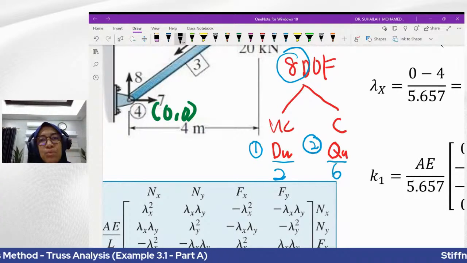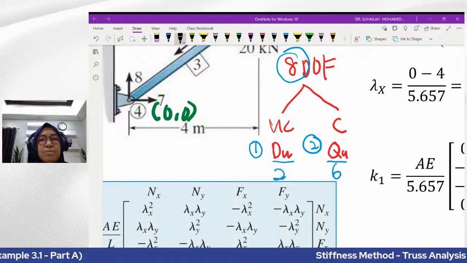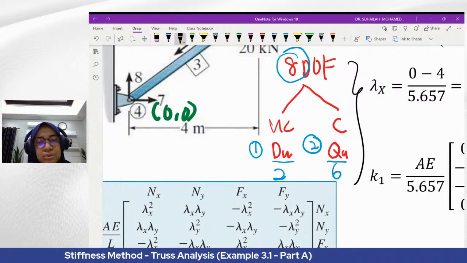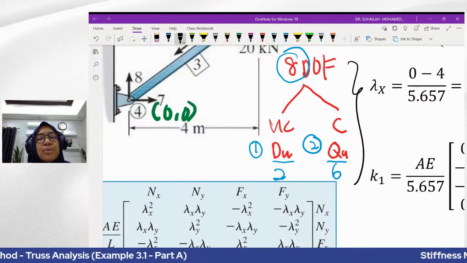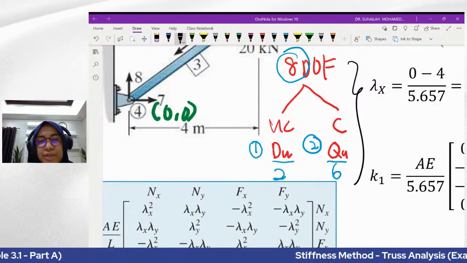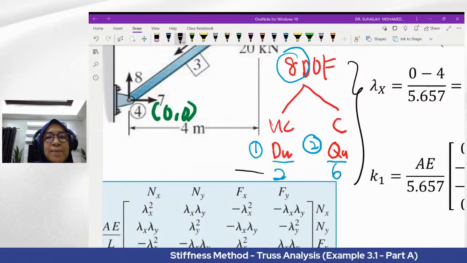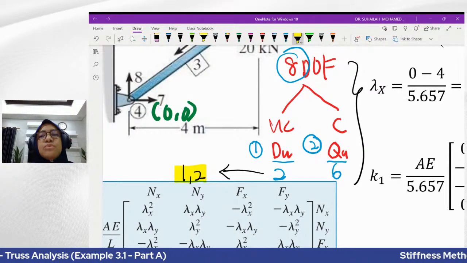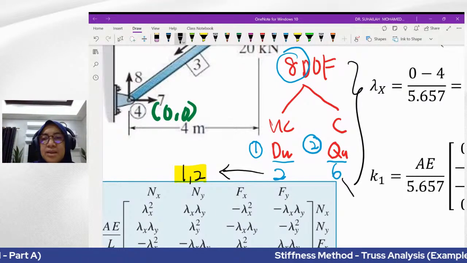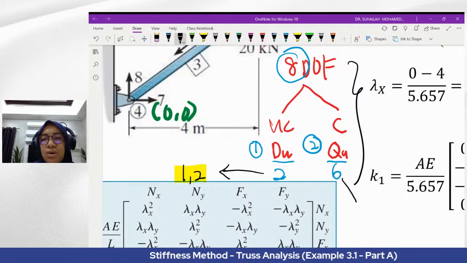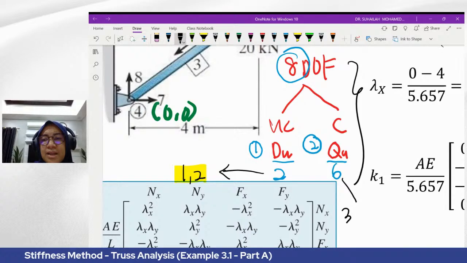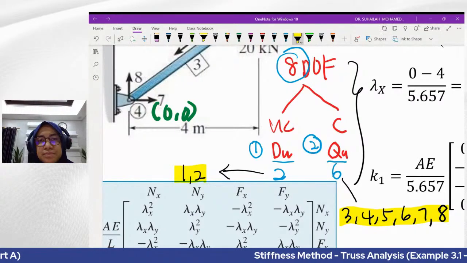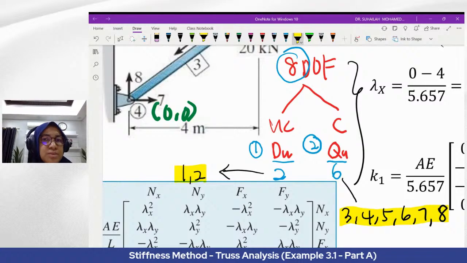We must label number 1 starting from unconstrained, so 1 and 2 will be located in the unconstrained system, and the remaining 6 represent 3, 4, 5, 6, 7, 8, because degree of freedom represents position.